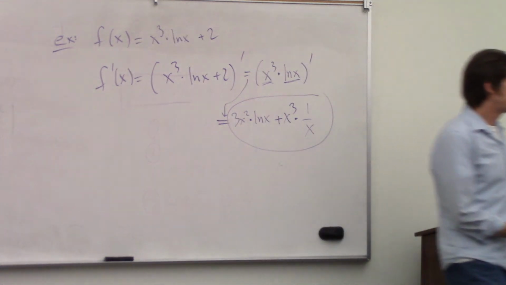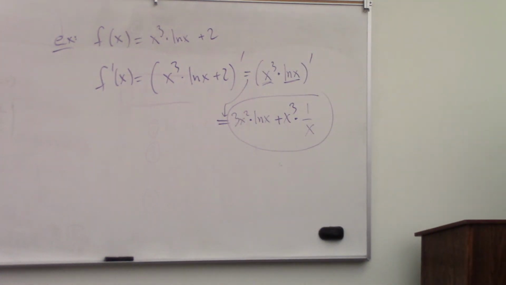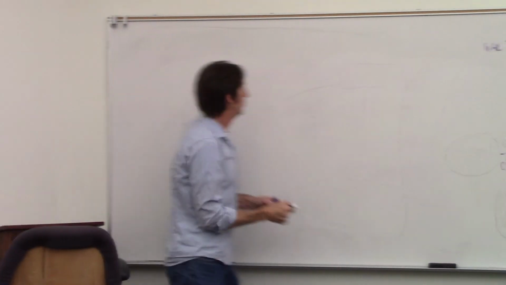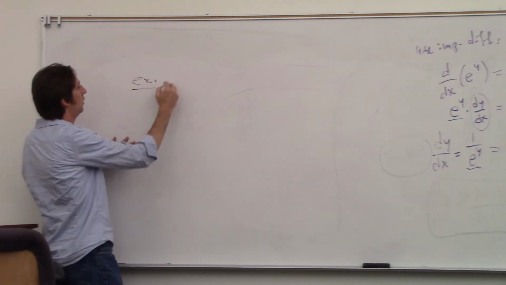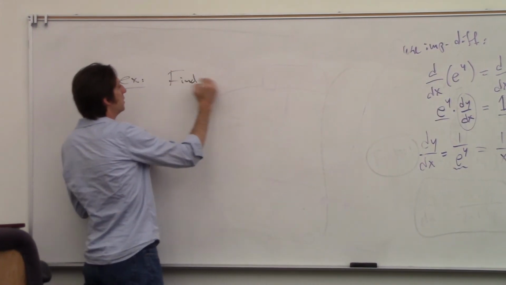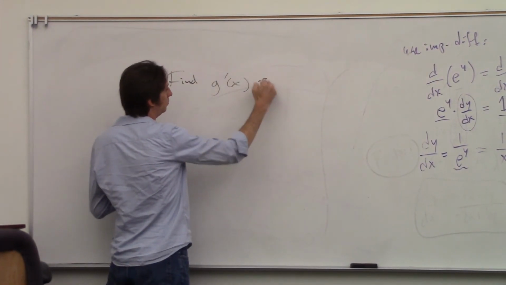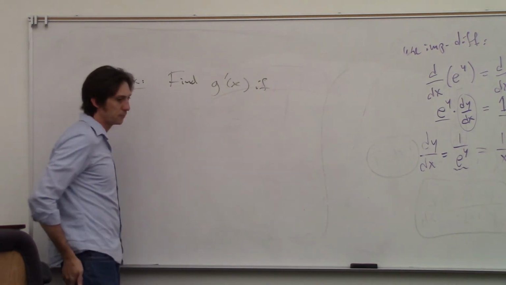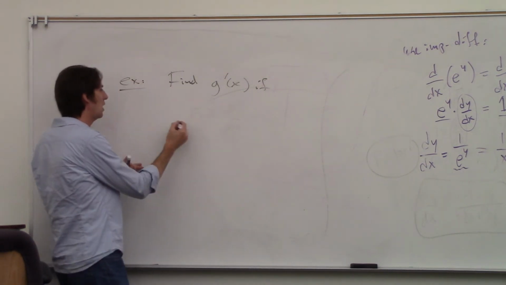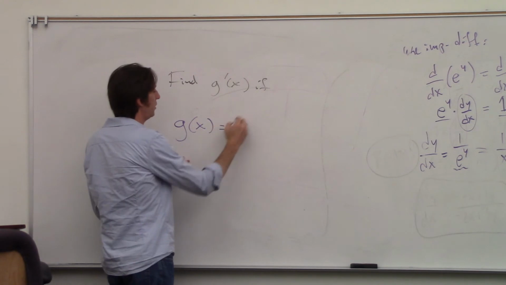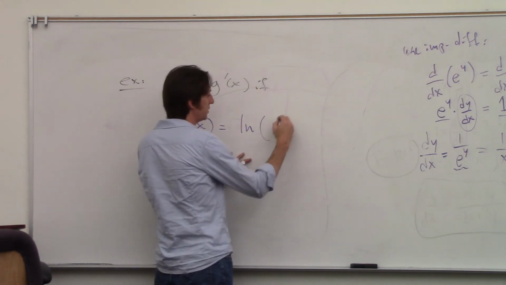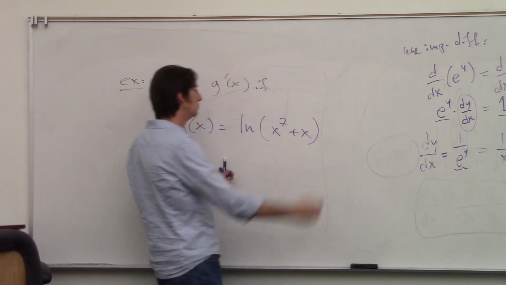Let's do one last example with differentiating a function involving the natural logarithm. Let's find g prime of x if g of x is equal to ln of x to the 7 plus x.